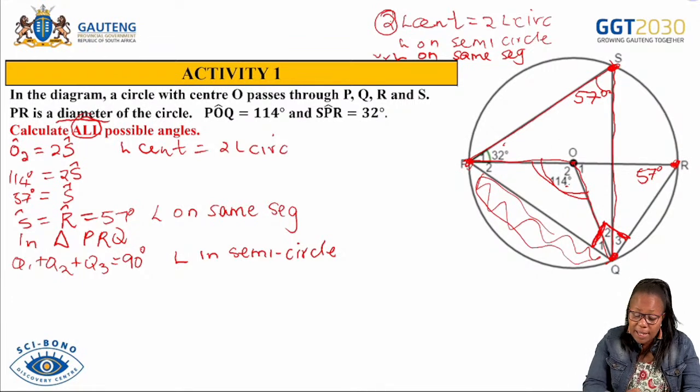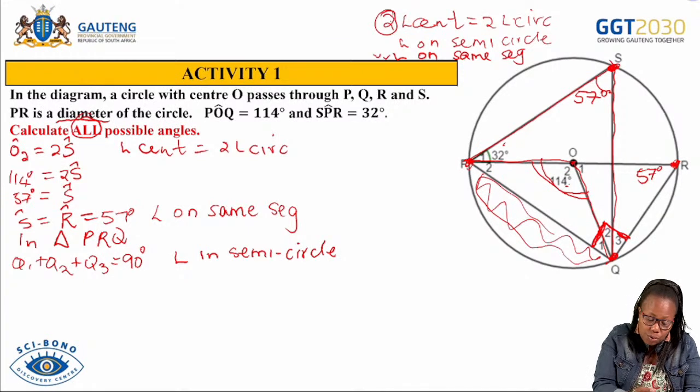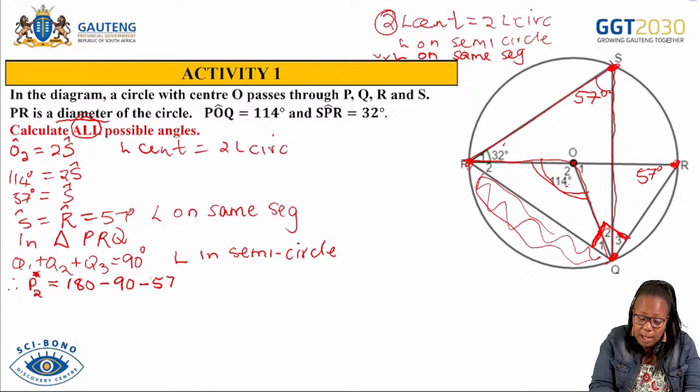So in that triangle, we now have two angles. We can calculate angle P2. Angle P2 will be equal to 180 minus the 90 degrees of Q minus the 57 of angle PRQ.